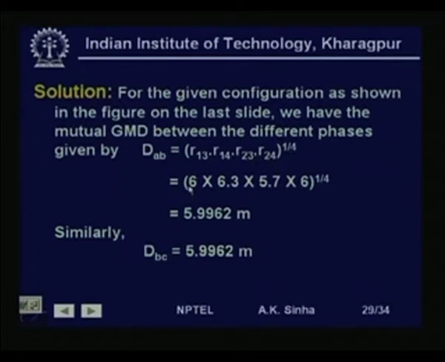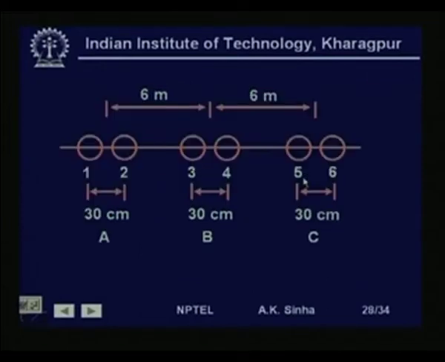So, this is equal to 6 into 6.3 into 5.7 into 6, that is, 13 is 6, 23 is 5.7, 14 is 6 plus 30 centimeters, so 6.3, and 24 is 6.